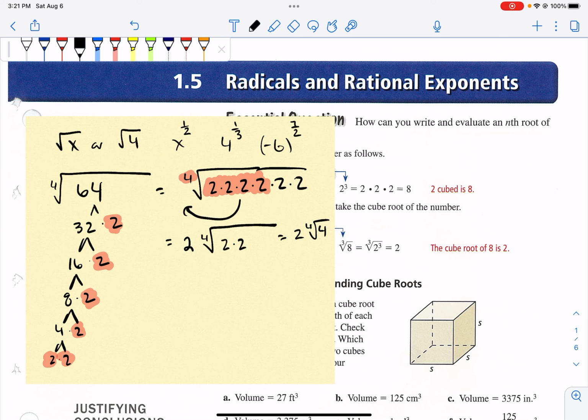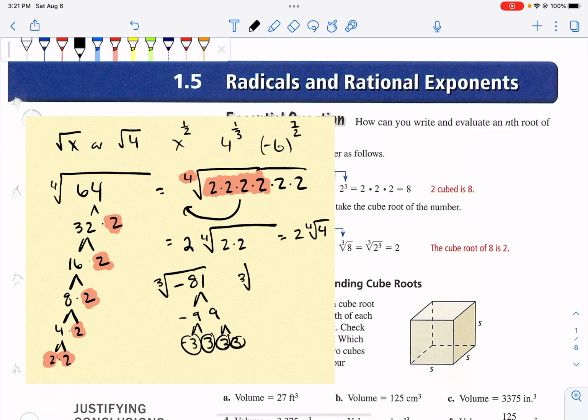If I want to take the cube root of negative 81. Negative 81 is going to be a negative 9 times a positive 9. Negative 9 is going to be a negative 3 times a positive 3. 9 is going to be a positive 3 times a positive 3. So I end up with these numbers on the inside.